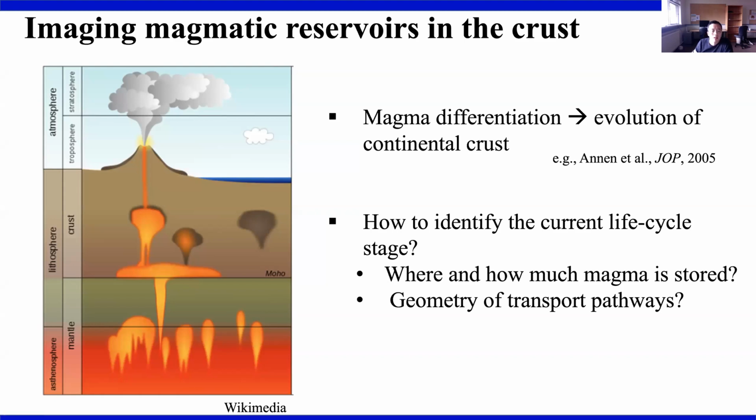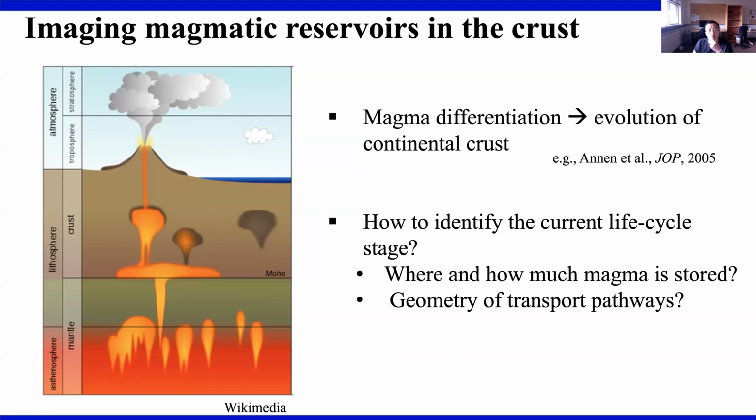From a hazard perspective, one question we try to answer is how to identify the current stage of the life cycle. I think seismology can help us understand some of this, such as where and how much magma is stored right now beneath the caldera.